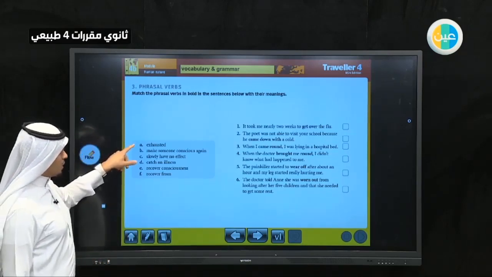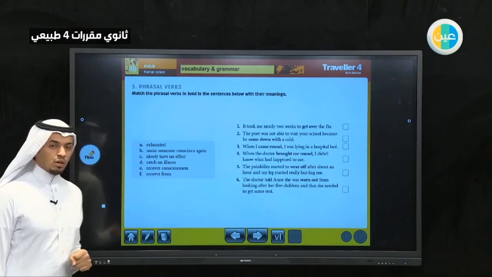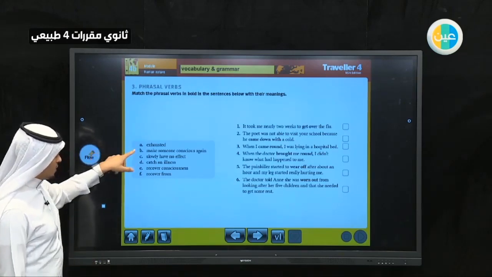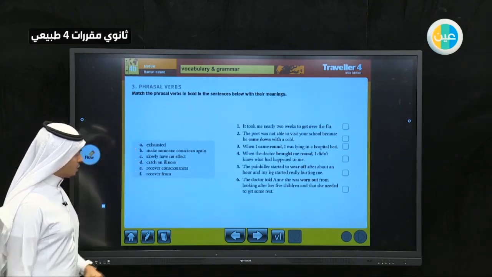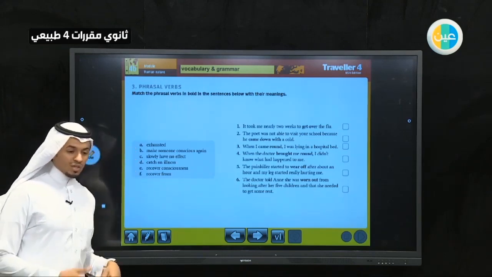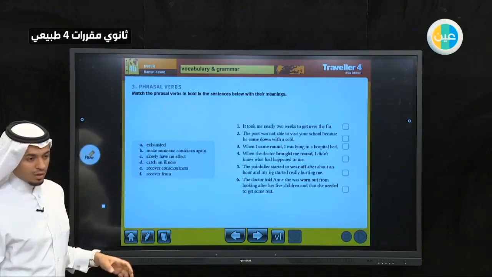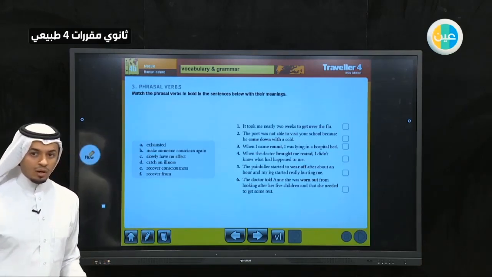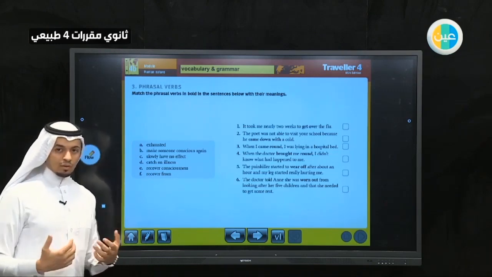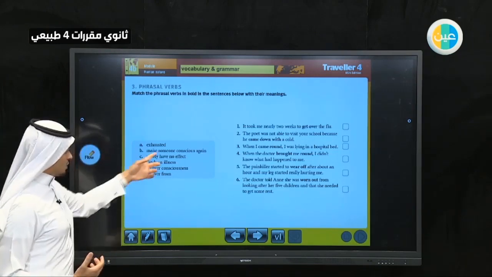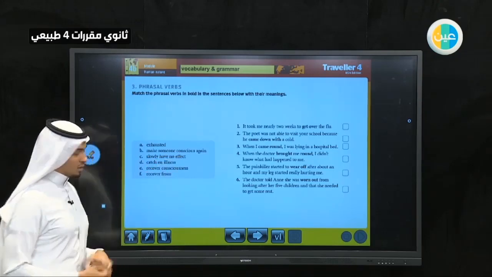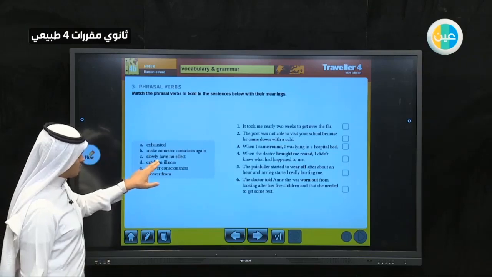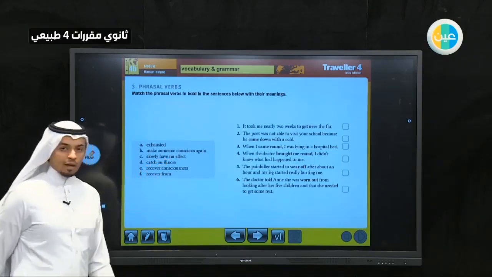A, exhausted, tired. B, make someone conscious again. When someone fainted, he is unconscious, but when I try to help him and get him back, this is making someone conscious again. C, slowly have no effect.